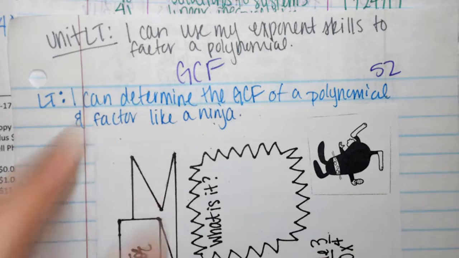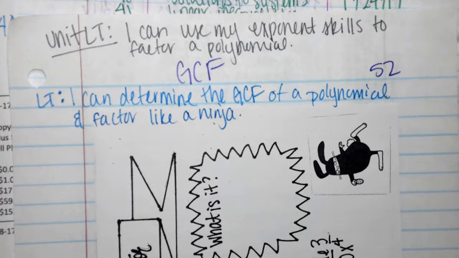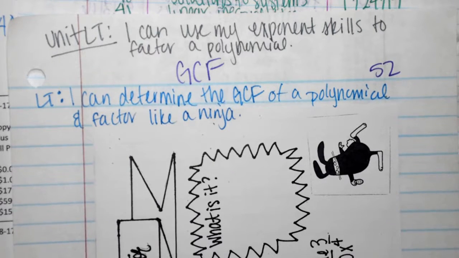So our unit is on factoring ninjas, and that's what we're going to be able to become. This is day 1 of our training. Factoring ninjas. We have all kinds of ninjas. Today they're Easter ninjas. Monday there'll be something new.